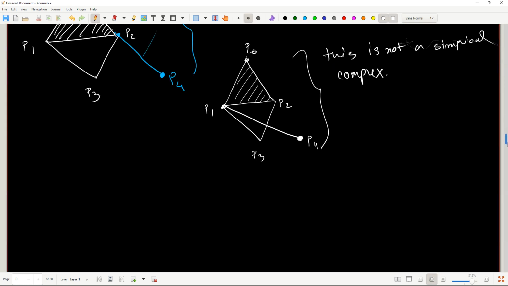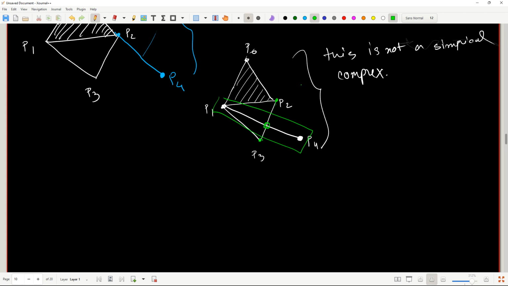But look at this one. It intersects the P2, P3 face, which is a one-dimensional face, but the intersection point is intuitively not a face of this simplex.